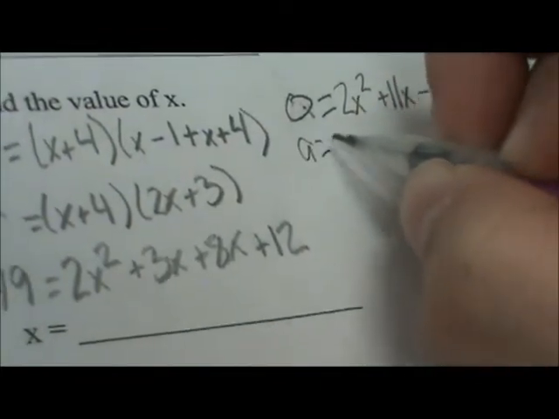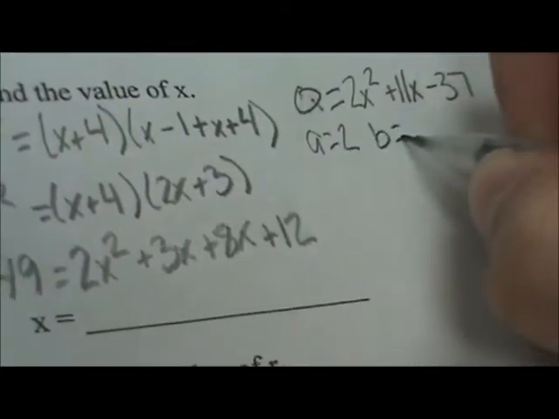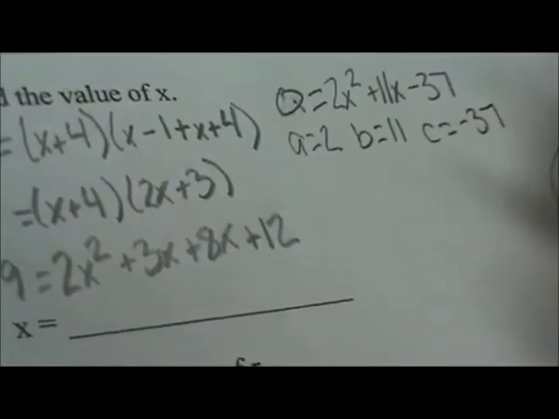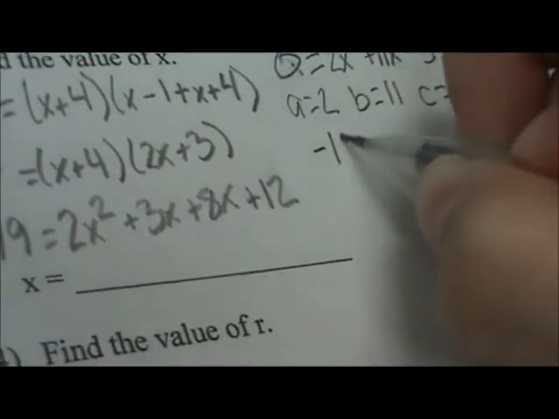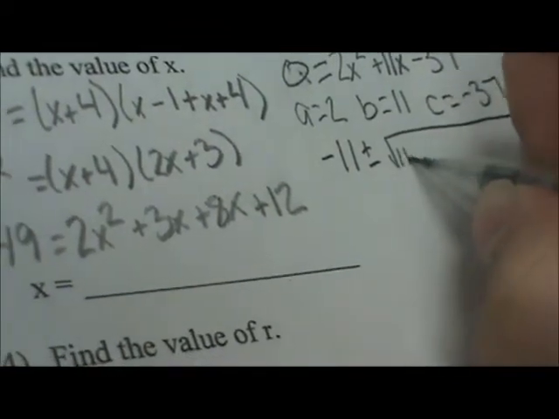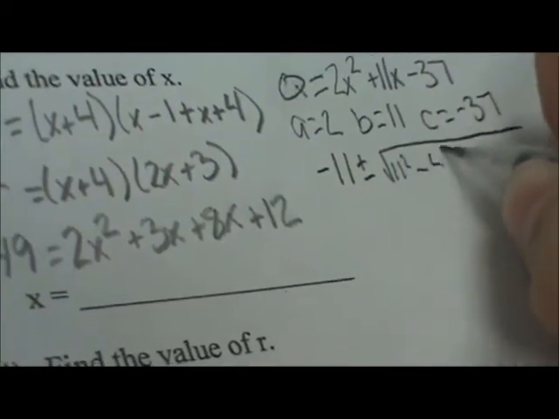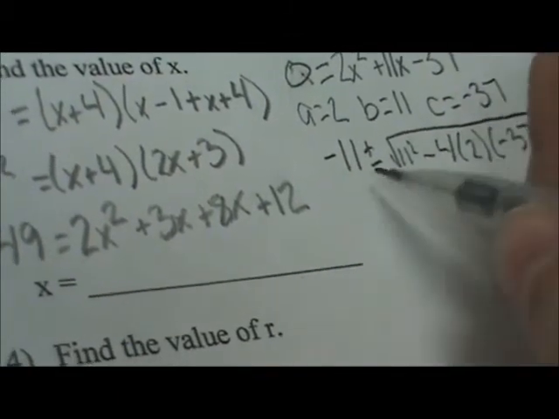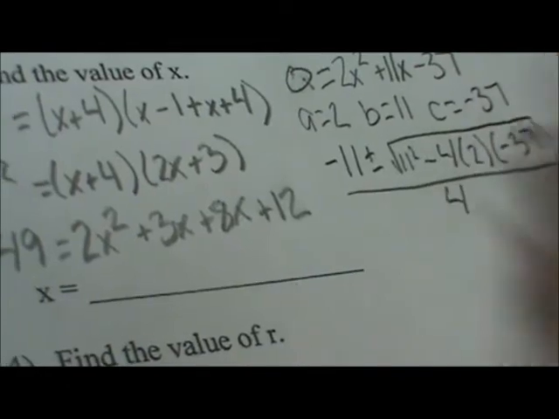So then a equals 2, b equals 11, and c equals negative 37. Then you need to use the quadratic equation again, and you will get negative 11 plus or minus the square root of 11 squared minus 4 times 2 times negative 37 all over 2 times 2, which is 4.